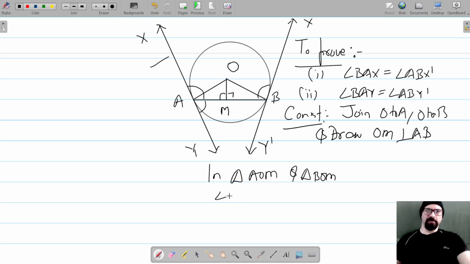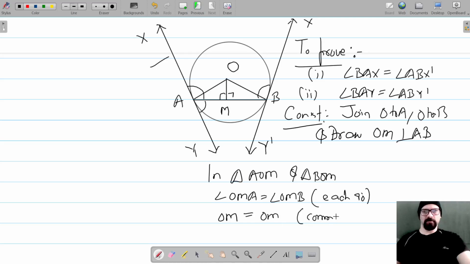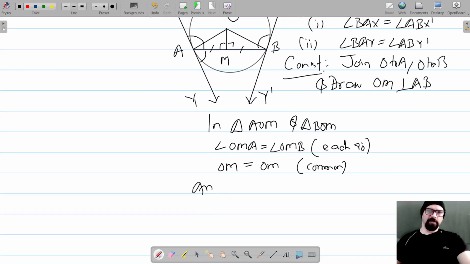First of all, angle OMA is equal to angle OMB, each of them being 90 degrees. Now OM is equal to OM, which is common. And AM is equal to MB, because a perpendicular drawn from the center bisects the chord.